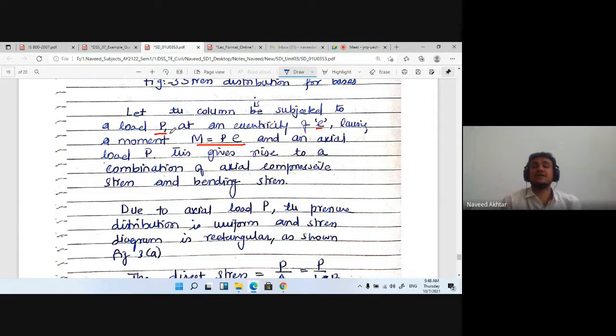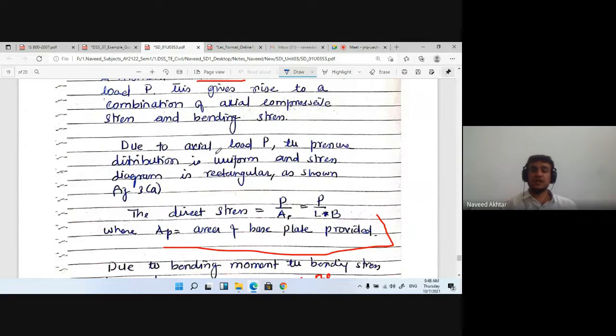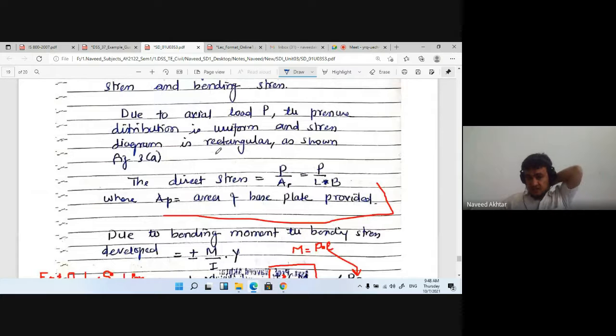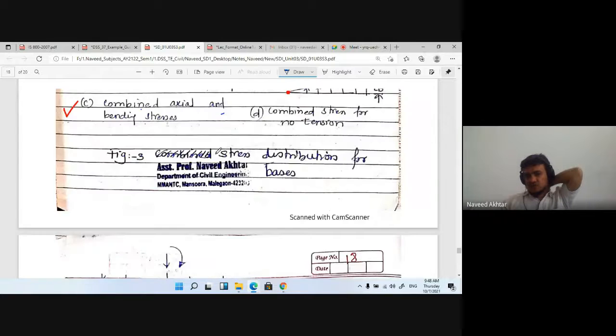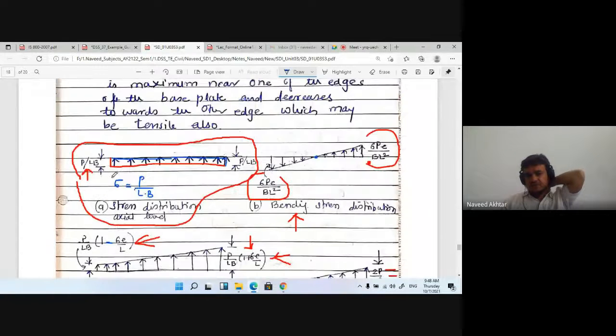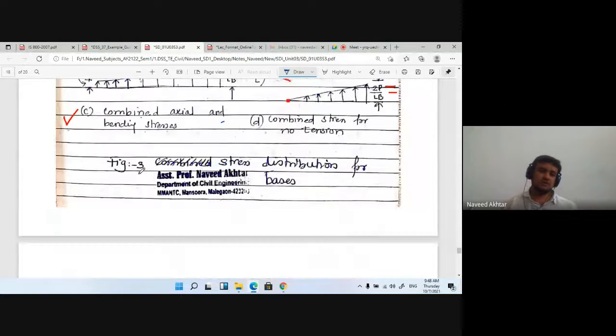Because there is moment, the compressive stress and bending stress both are there. We can say that this is combined axial load and bending on the column. Due to axial load, the pressure distribution is uniform and the stress diagram is rectangular, as shown in figure A. See here the stress diagram is uniform and it is rectangular.